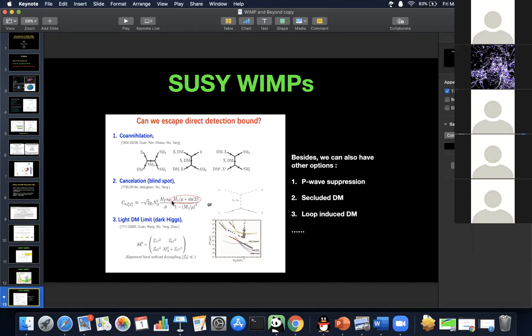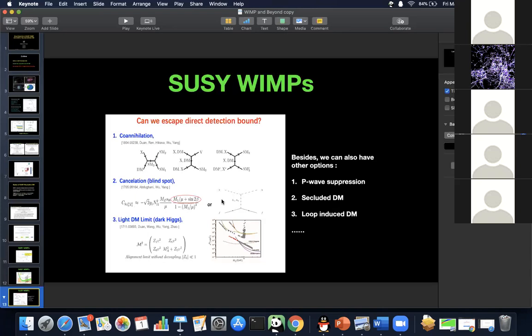And in this factor, if the relative sign between the gaugino and the Higgsino is minus, we may tune its value to cancel with the sine 2 beta, and then we can make this coupling vanish, and the scattering cross section will be suppressed. So we have the blind spot. This is called the blind spot.